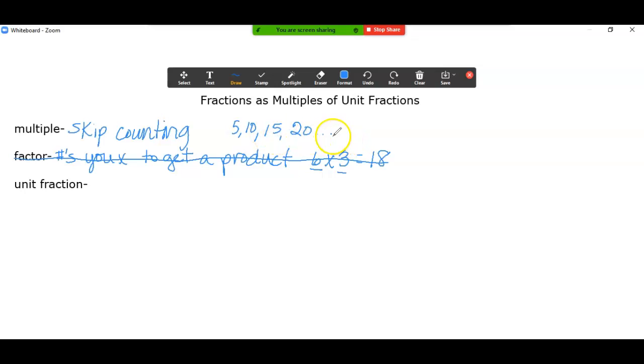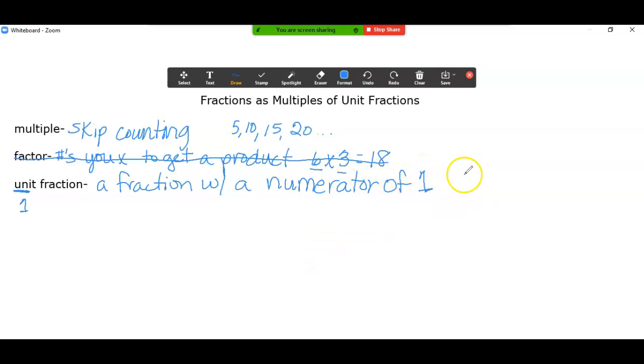The other word that we need to know is a unit fraction. Well, we know from last week's lesson with Ms. Stroba that uni means 1. So a unit fraction is a fraction with a numerator of 1.